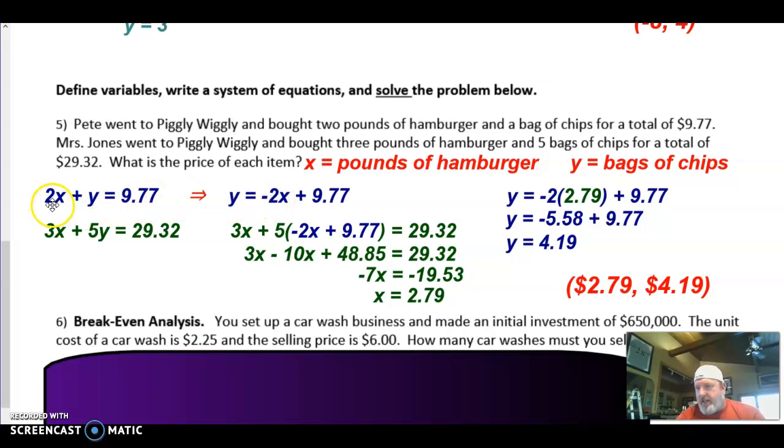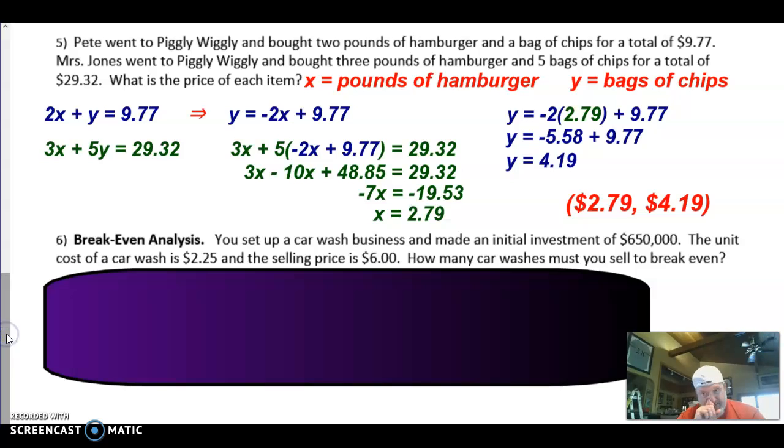You could use elimination too if you want to multiply, but I just solved this top one for y, plug it into the bottom one here, found out that x was 279, then plug the 279 back in here, and y was 419. Now again, you know it's a word problem. Write that final answer as an ordered pair.